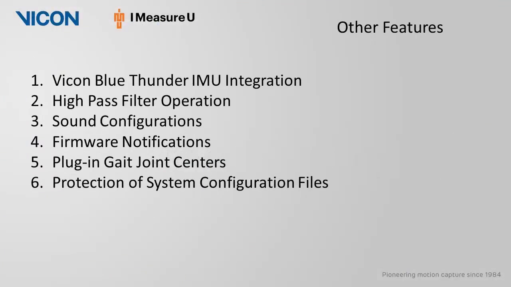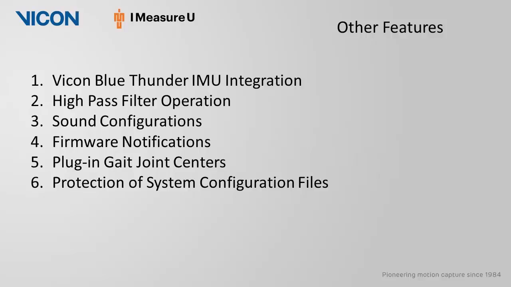The Vicon Blue Thunder IMU sensors can be integrated within Nexus. For more information, please see the Introduction to Blue Thunder IMU video. Within the Fill Gaps and Filter Data operations, you can now select a high-pass filter for analog model outputs and trajectory data.